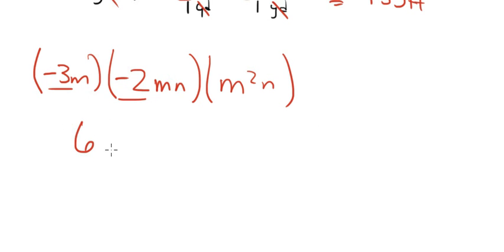Now I just collect my variables, and I want to see how many m's do I have. Well, there's 1 there. There's another one that gives me 2, and here's 2, so that gives me how many? That gives me m to the 4th, and then I want to collect my n's. I have how many? There's 1, there's 2. So there's my answer, 6m to the 4th n squared. Okay?